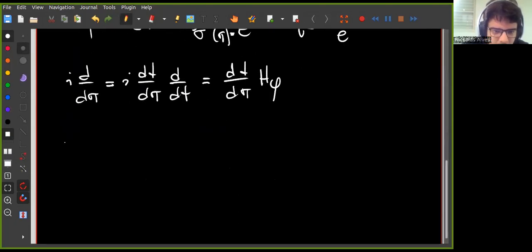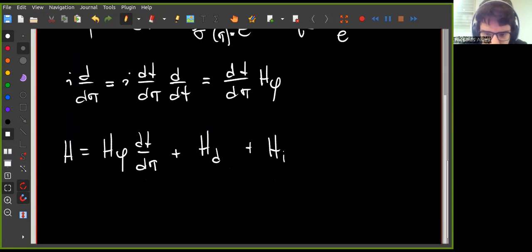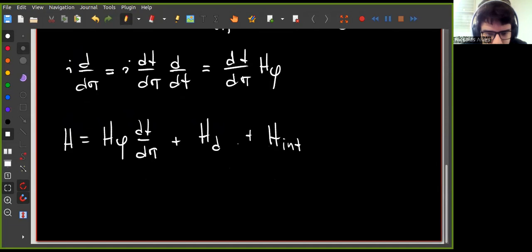Hence, the complete Hamiltonian for the system is going to be given by H_phi dt d tau plus H_d for the detector plus the interaction H_int. Okay, so far so good. I'm going to assume so.